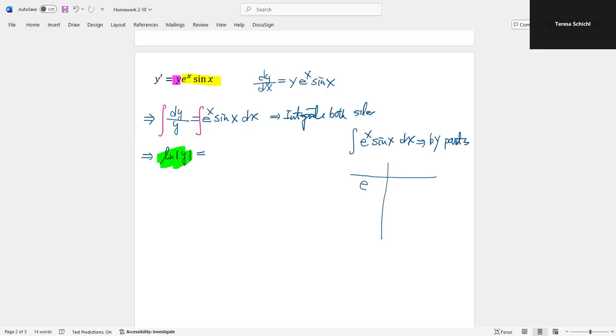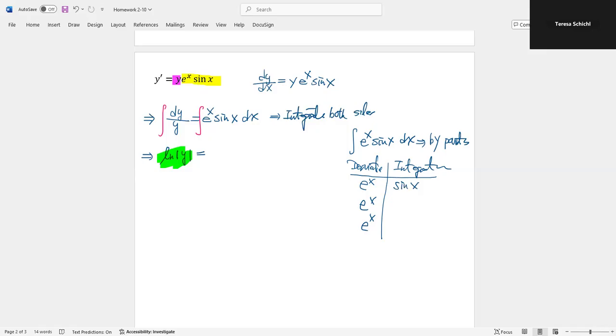So this is my e^x. This column is where we take the derivative, and this column is where we do the integration. That's the tabular method. The derivative of e^x is all the same. Then we have sin x.